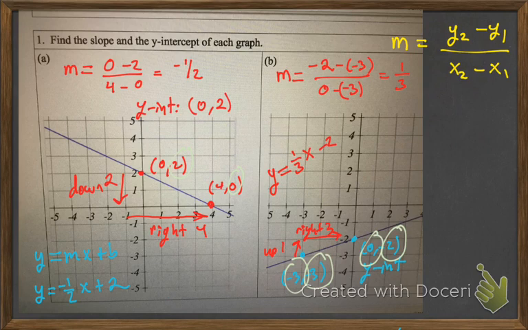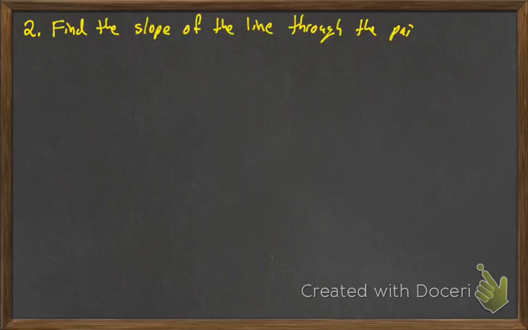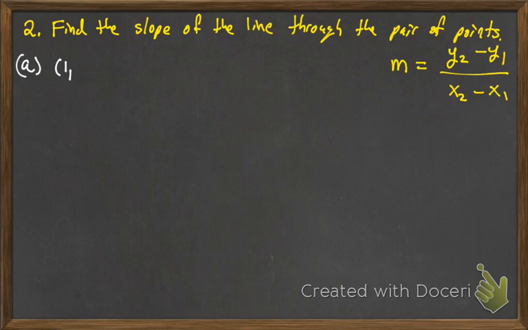Okay, the next thing we're going to do is find the slope of the line that travels through two points. This time we won't be given the graph. We'll just say, find the slope of the line that travels through a pair of points.